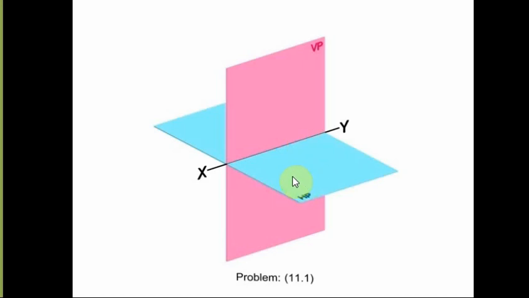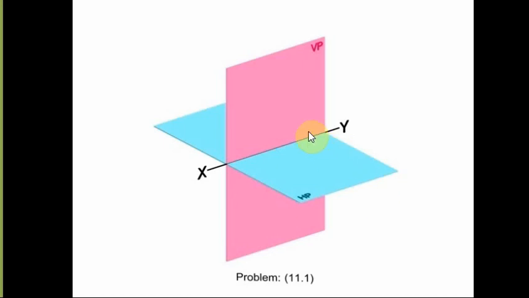In most cases of sections of solids, the solid will be in a simple position, standing on HP. Once we keep the object here, the observer will stand here, that is, the object is in between the observer and the plane of projection.